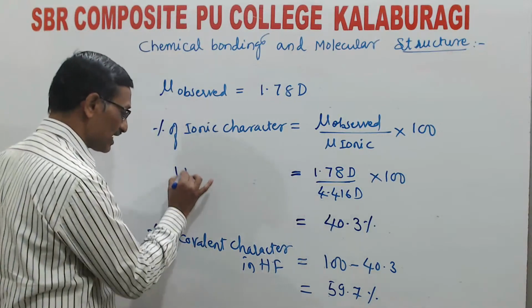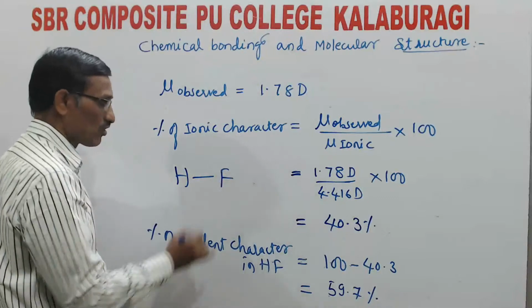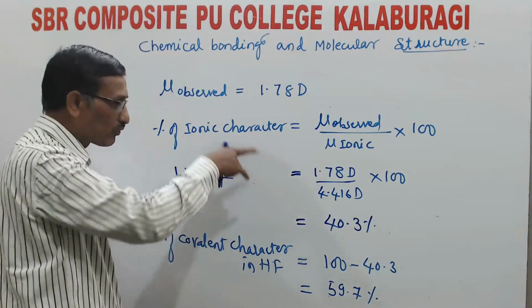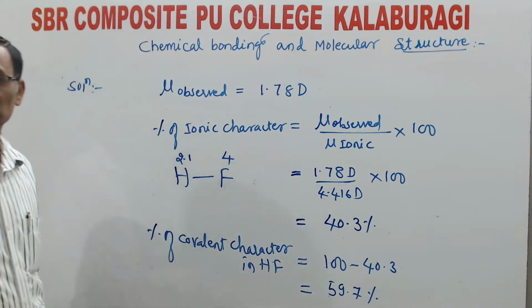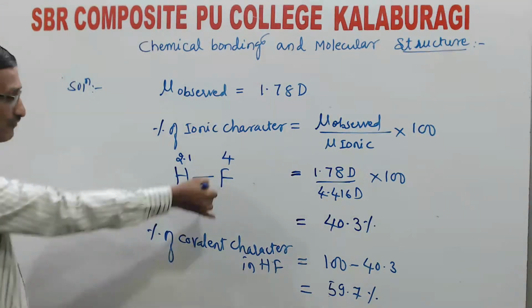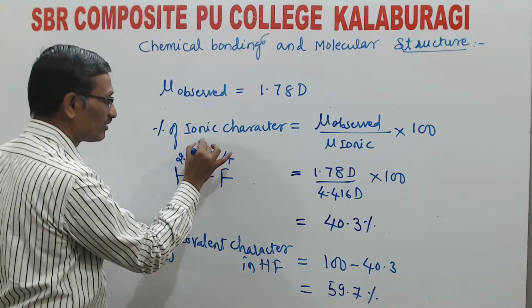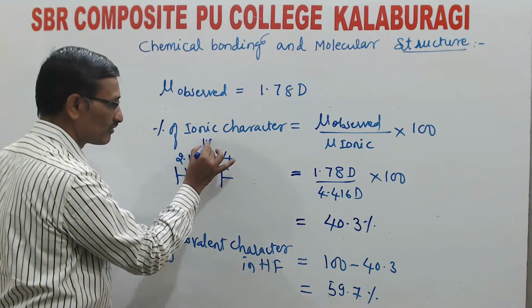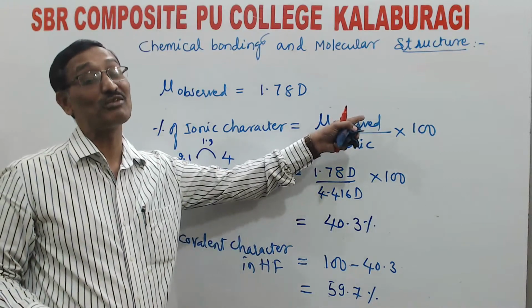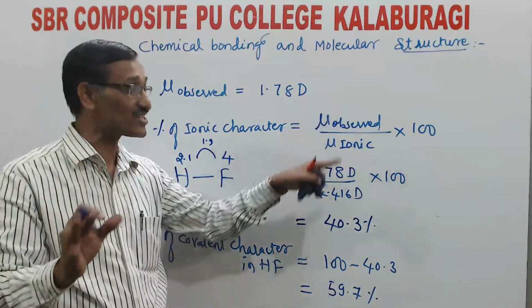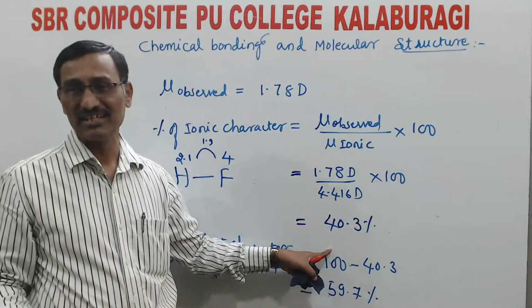Let us see this HF. The electronegativity value of H is 2.1 and F is 4. Correct? Then if you take the difference, how much is it? 1.9. Then I said that a difference of 1.9 is 50-50. Is it 50-50?